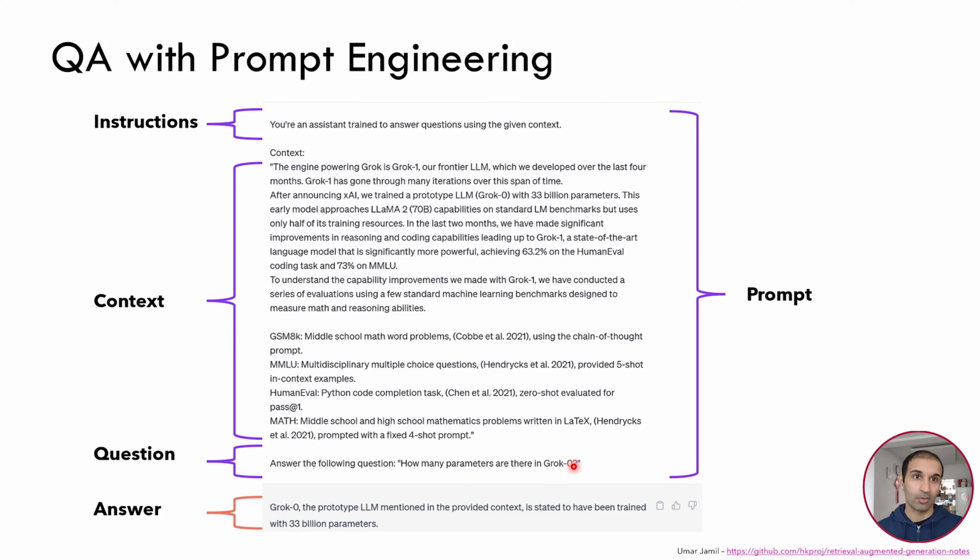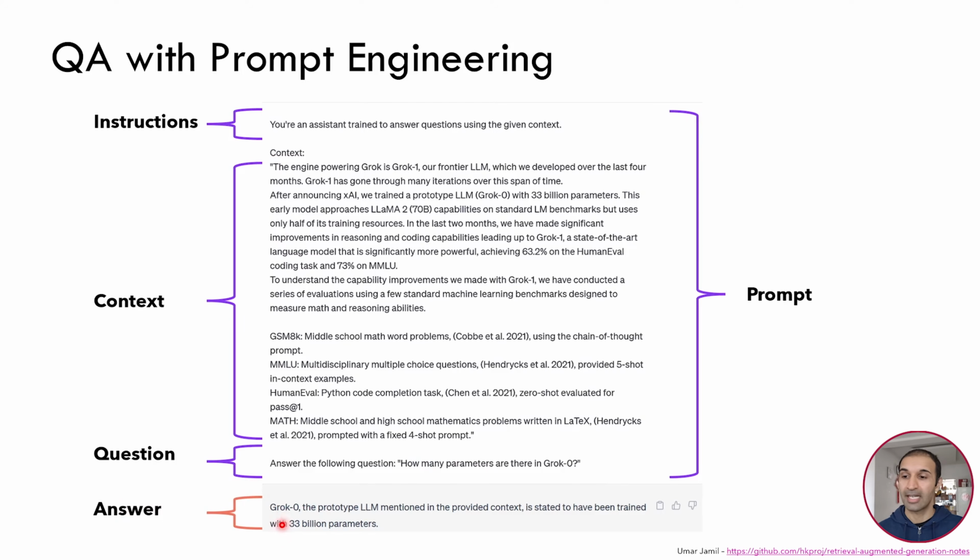Grok is the language model introduced by Twitter, and it's a language model that can also access the latest tweets, and we will see later how. But the point is, I am asking ChatGPT to tell me about Grok 0. Very probably ChatGPT was not trained on it and doesn't know about the existence of Grok 0 because it came out very recently. So ChatGPT was able to retrieve the answer by looking at the context.